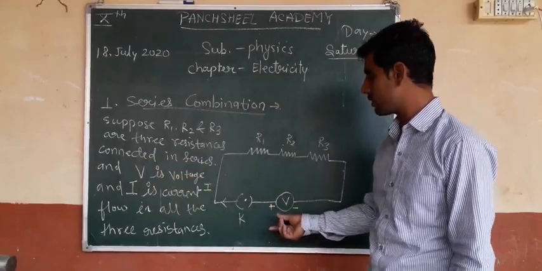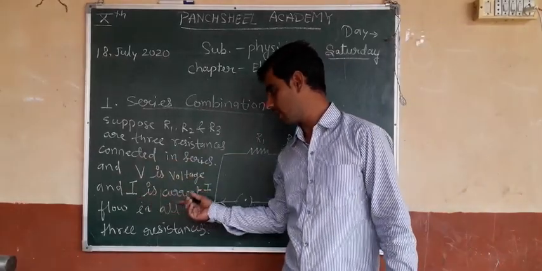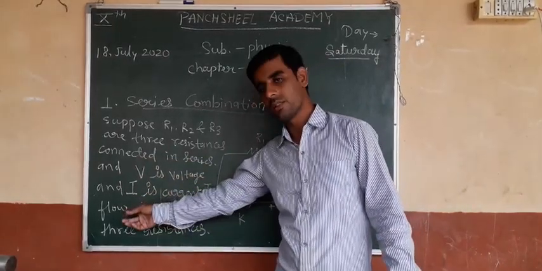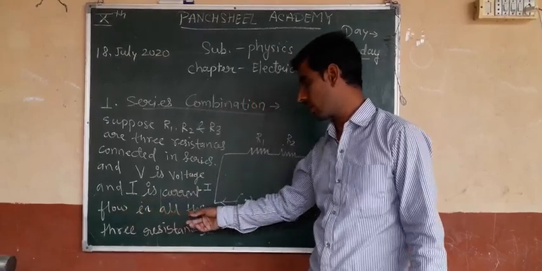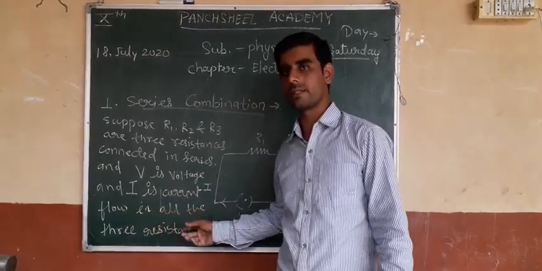This one. And I is the current flowing in all the three resistances.